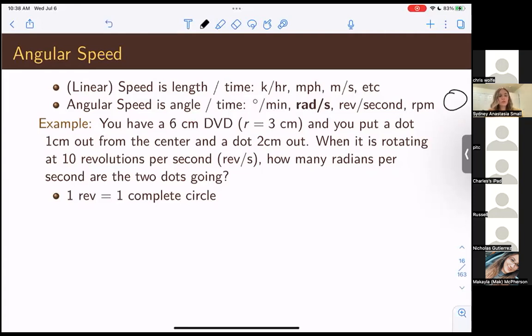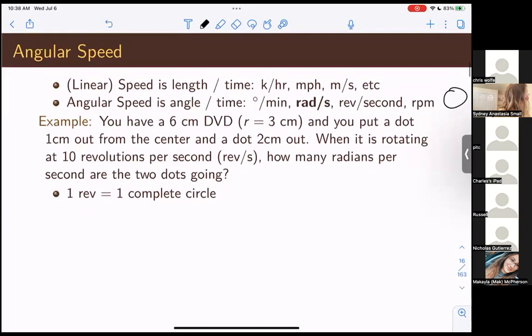The only difference, you can think about linear speed being like distance and angular speed just being like an angle. So you can think of how like angles compare to an arc length as we compare angular speed to linear speed.